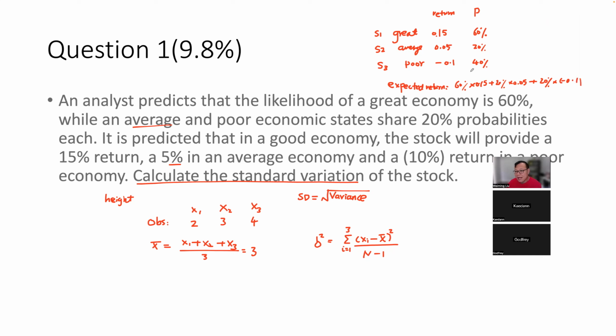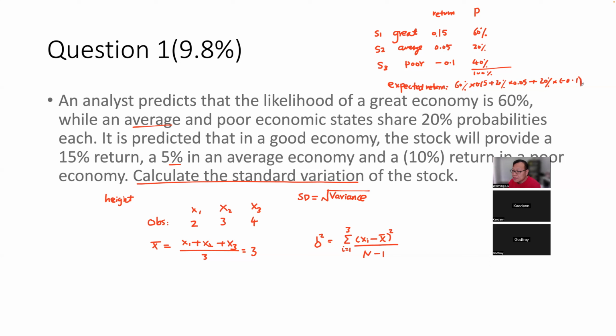Note that these probabilities have to add up to 100%, because one of these outcomes will happen, right? So when you have these probabilities for different states, you add them all up, they should equal 100%, okay?